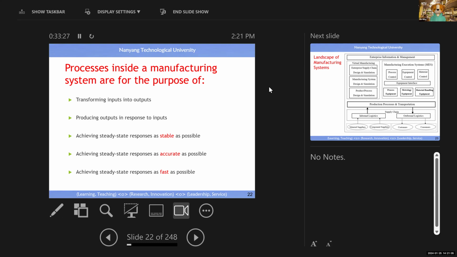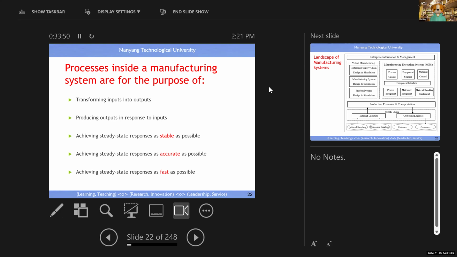The answer is we need to operate the process inside the manufacturing system, right? Then here you see this three appear here, right? So we want to operate each process as stable as possible, as accurate as possible, as fast as possible.